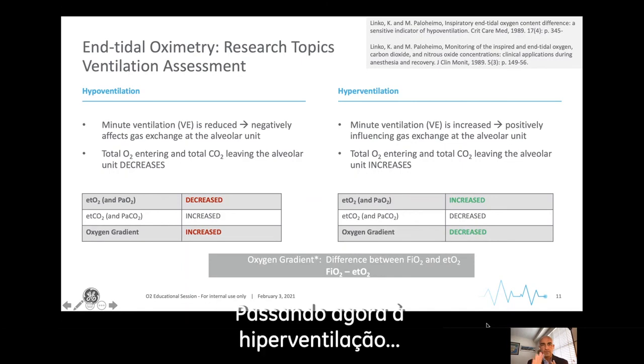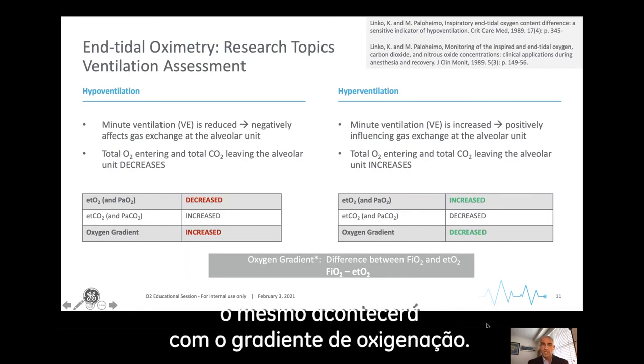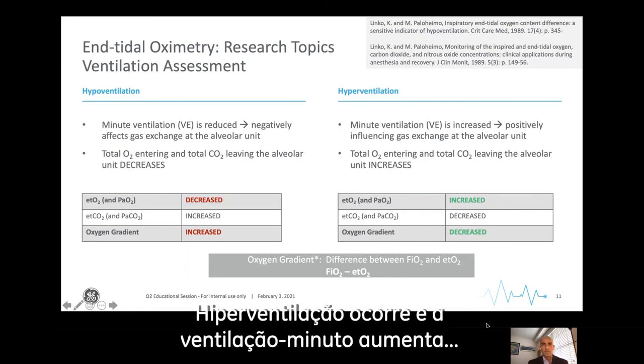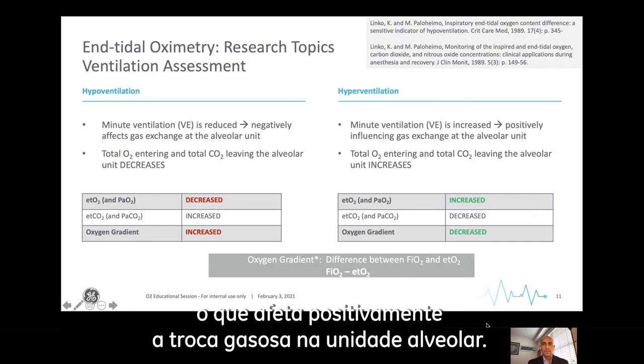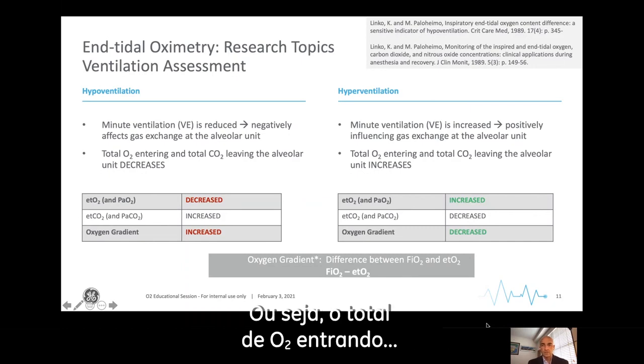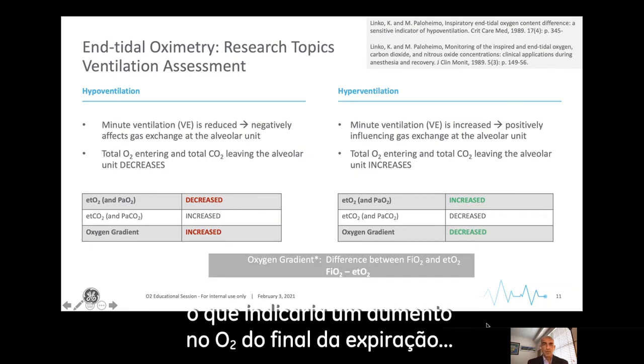So flipping the gears to hyperventilation, the same thing in the opposite will occur. Hyperventilation occurs and minute ventilation is increased. So that positively affects the gas exchange at the alveolar unit, which means that the total amount of oxygen entering and the total amount of CO2 leaving have both increased.